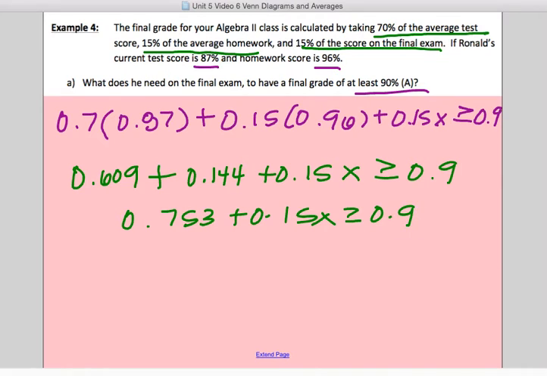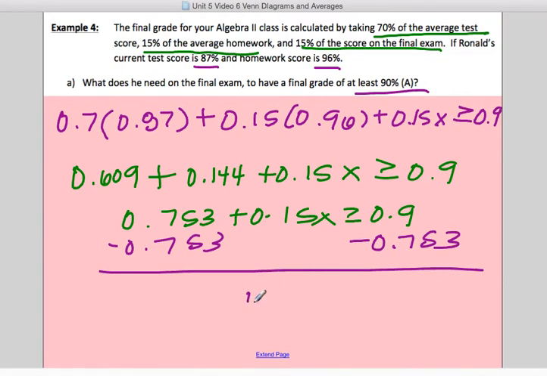So I'm trying to solve for x. So I would subtract this from both sides, and I have 0.15x is greater than or equal to 0.147. And then I would divide both sides by 0.15.